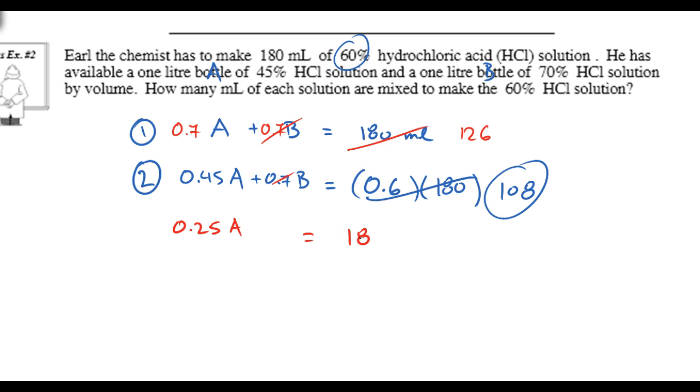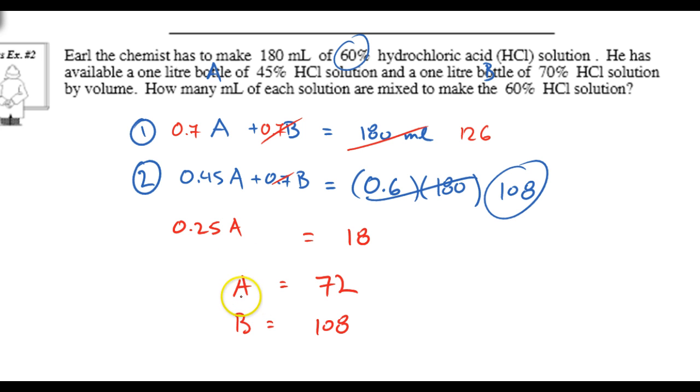So then once again, I'm just going to solve for A. 18 divided by 0.25, which is the same thing as multiplying by 4, is going to be 72. And then B is going to be 180 minus 72, so 180 minus 72 is 108.